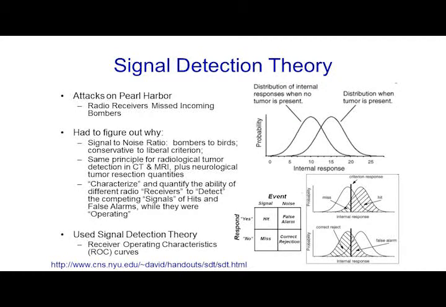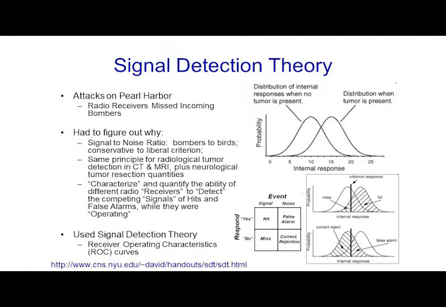And we talked about how that same principle is evident in CT, MRI, neuroimaging, and other things like that. So we looked at this basic framework where we had our distribution of responses. In this case, when a tumor is present, that would be a hit. In this case, it would be when the tumor is not present. And again, we can frame our internal responses in that regard.